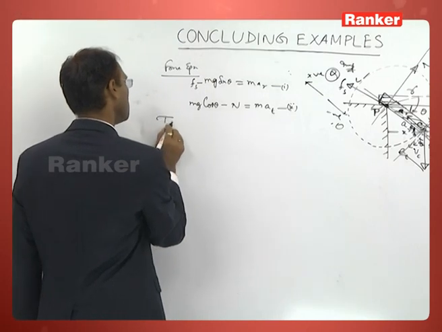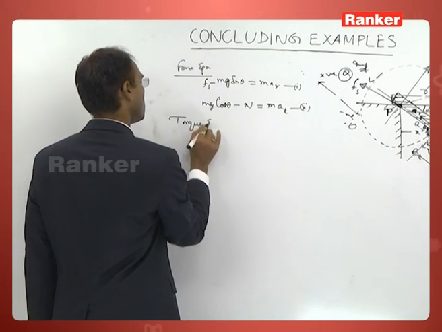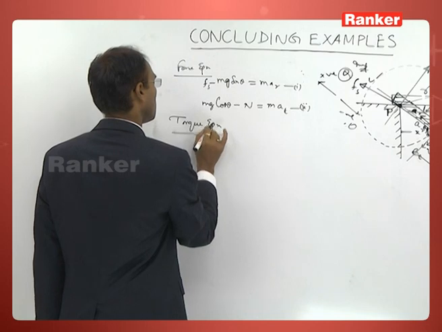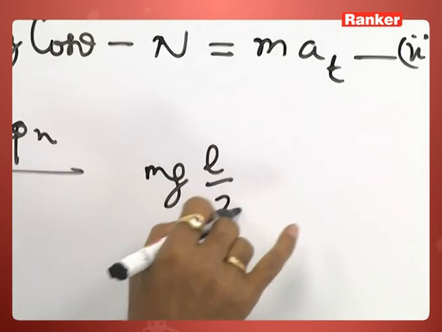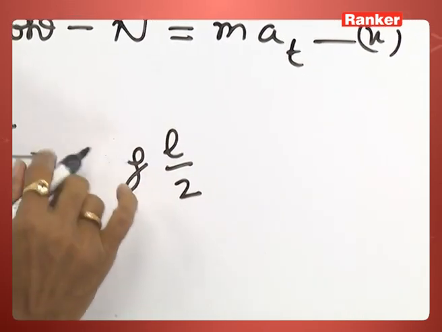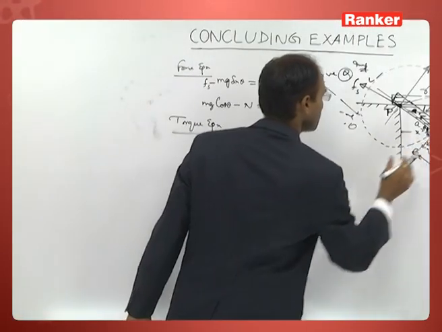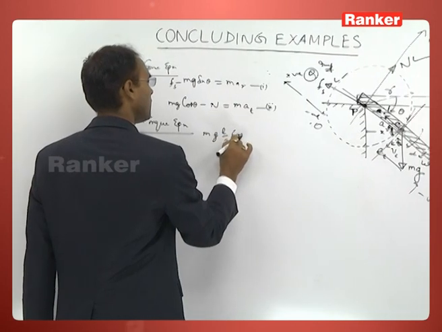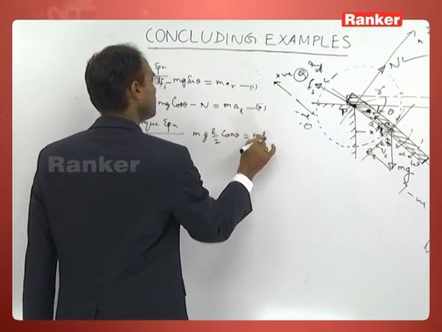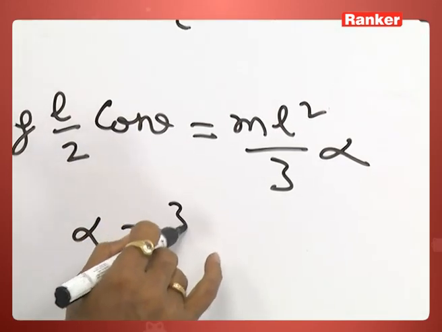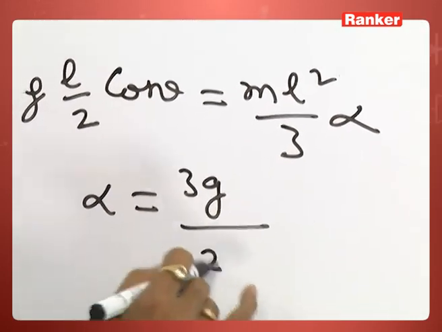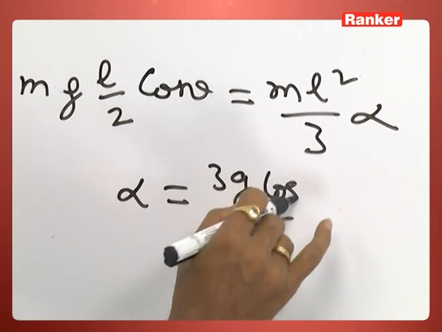Then the torque equation: mg L by 2, x is equal to L by 2 cos theta. There is no change in the torque equation also. So alpha will be 3g by 2L cos theta.